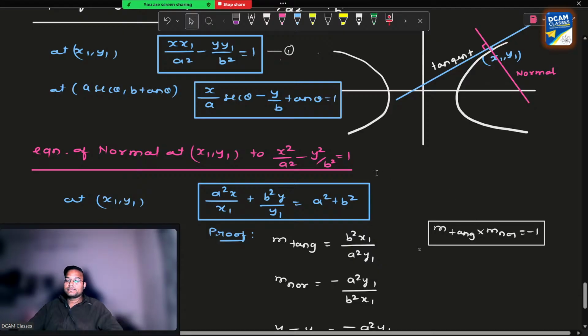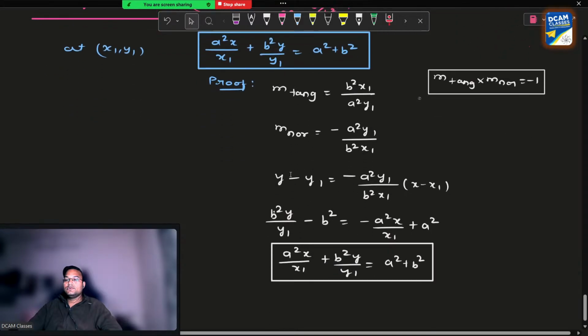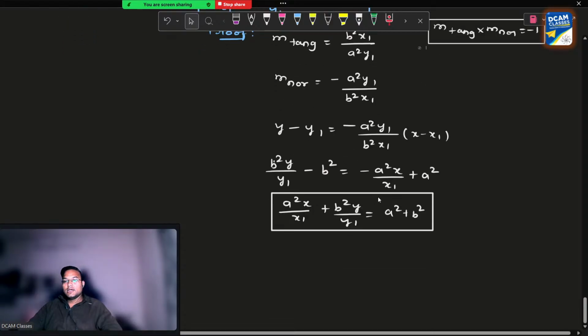Basic definition. After finding the slope, find the slope of the normal using this equation. Then use the point slope form, because you know the equation of a line is y minus y1 is equal to m into x minus x1. This is the general method to find the equation of the normal.